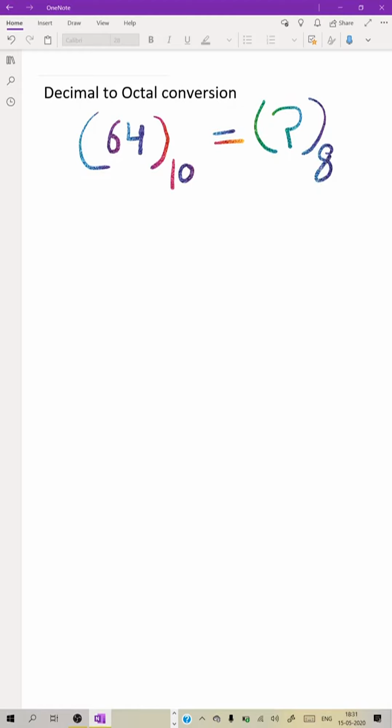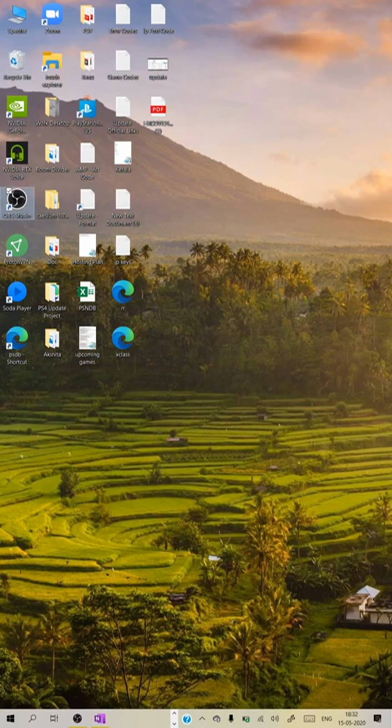This is the same as binary, just the base is changed. Now the base is 8, so you write 64 here and use the divide method, but now we divide by 8. Why? Because the octal base is 8.